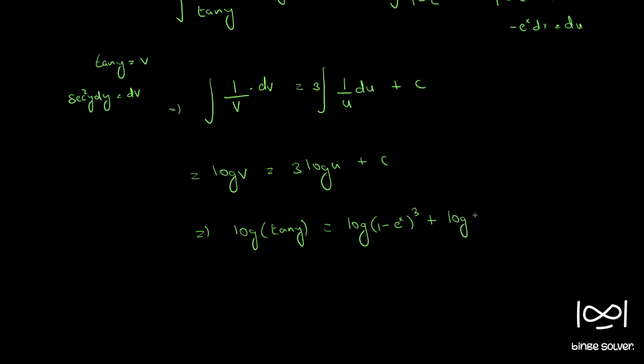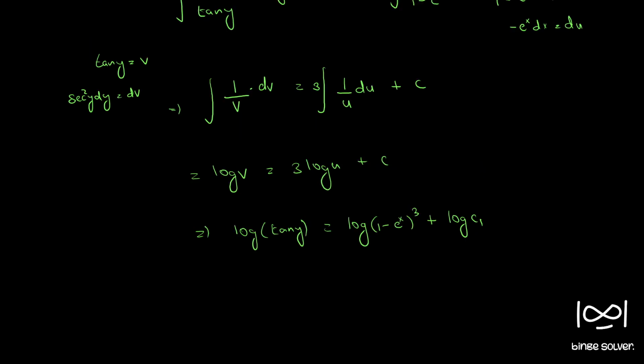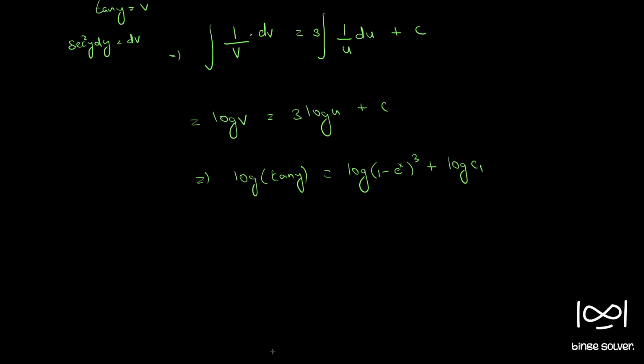So let's write the constant as log c1. Taking the log together, this becomes log tan y equal to log of c into 1 minus e raised to x the whole cube.